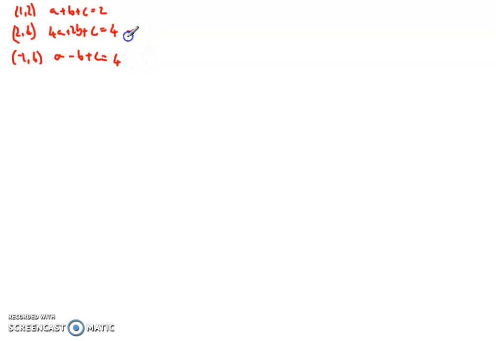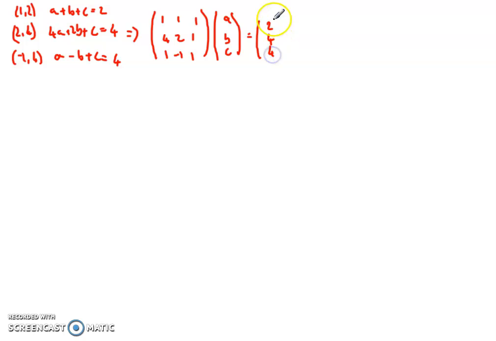In order to do that, I'm going to write it in the form Ax equals b. So for that case I'll have the matrix 1, 1, 1, 4, 2, 1, 1, negative 1, 1, times the vector with our variables in it, a, b and c, and that's going to equal the solutions, which are 2, 4, 4.